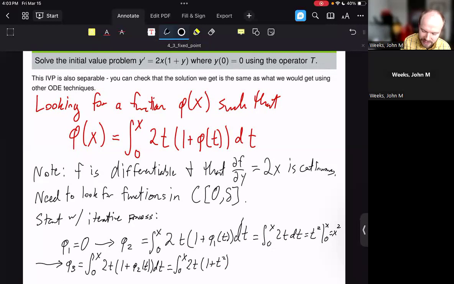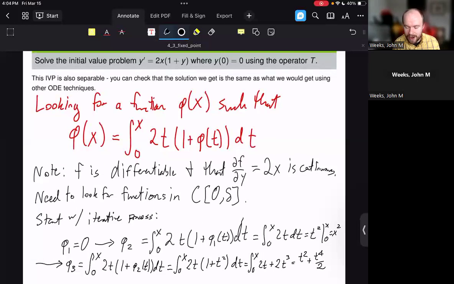So this is 1 plus t squared dt. So this is the integral from 0 to x of 2t plus 2t cubed. That's going to give me what? t squared plus t to the 4th over 2. And that's, or rather x, I should say, because I'm plugging in x squared plus x to the 4th over 2.